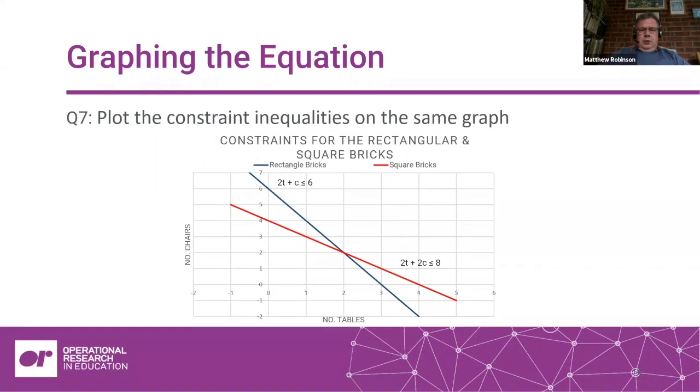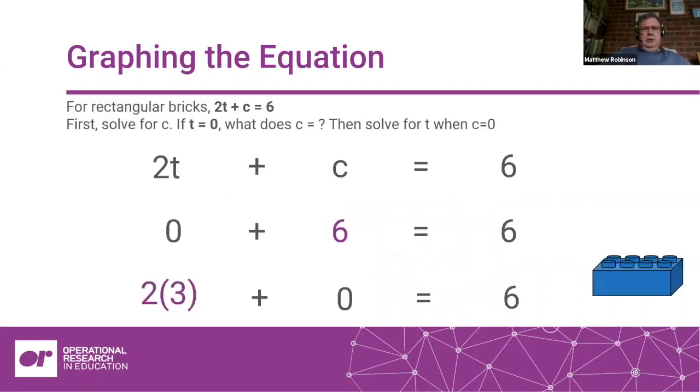So what we can do here, if we look at the blue line on here, so let me just go quickly back to the blue. So this is the rectangular bricks, don't forget. So on here, we said if we produce no tables, we can do 6 chairs. If we produce no chairs, we can do 3 tables.